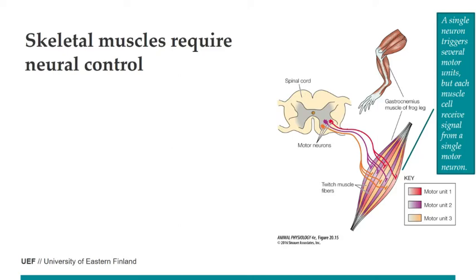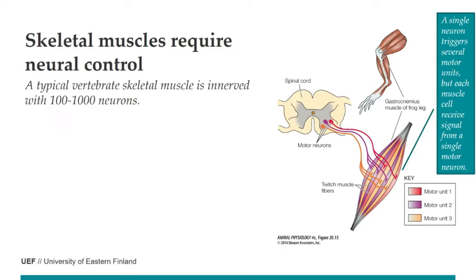When the axons get near the muscle, there will be branches. So a single neuron triggers several motor units, meaning several muscle cells. But actually, each muscle cell receives a signal only from a single neuron.